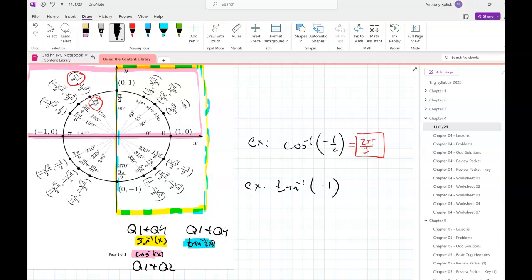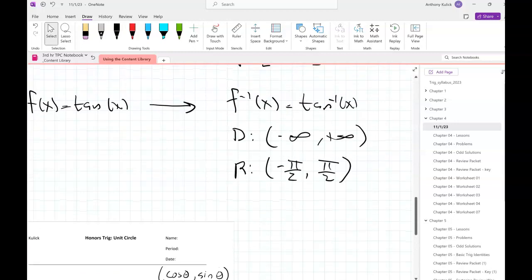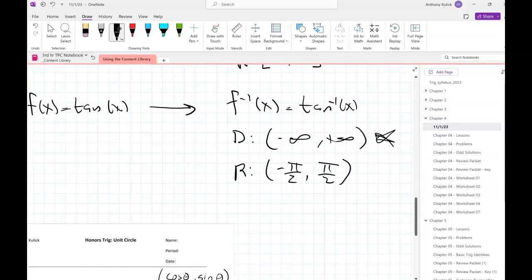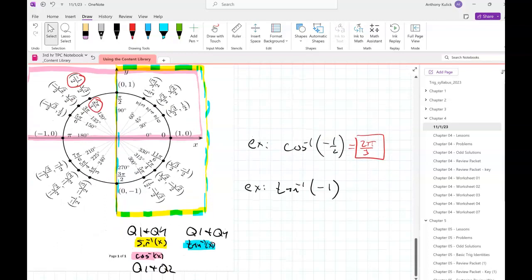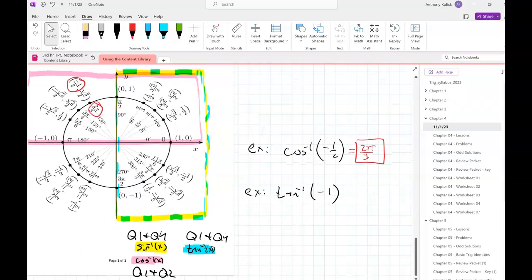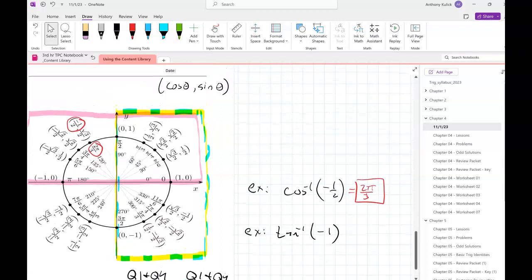First thing I have to do is check to see, is -1 an acceptable input for tan inverse? Well, what are the acceptable inputs for tan inverse? All real numbers. So yeah, of course, anything you want. Okay. But how do I look for tan on the unit circle? Tan is y over x.